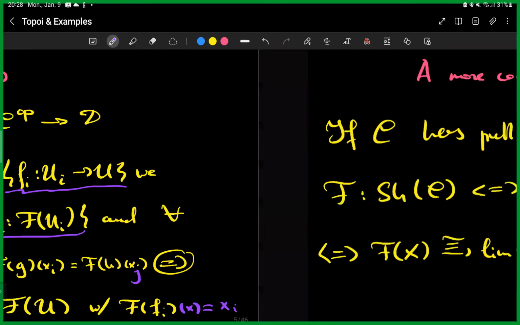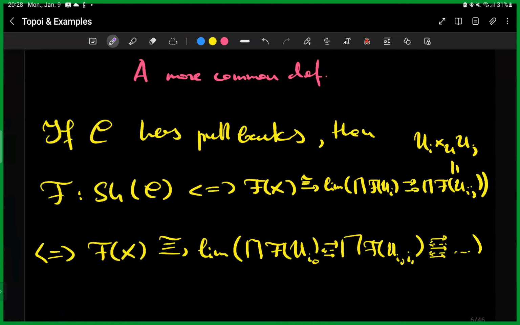Okay, and as I said before, we have a more common definition of a sheaf. If we assume that our category has pullbacks, then we can define a sheaf as such a presheaf that it is isomorphic to the limit of the following diagram, so to an equalizer. We take a collection of these covering morphisms, then we take sort of intersections, but just pairwise pullbacks, and we have two morphisms which correspond to structure maps and the pullback.